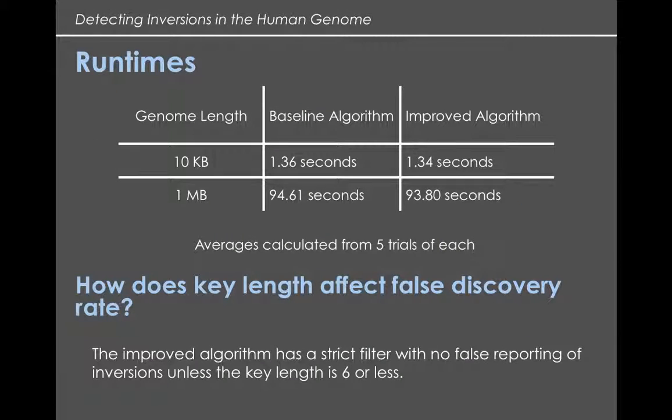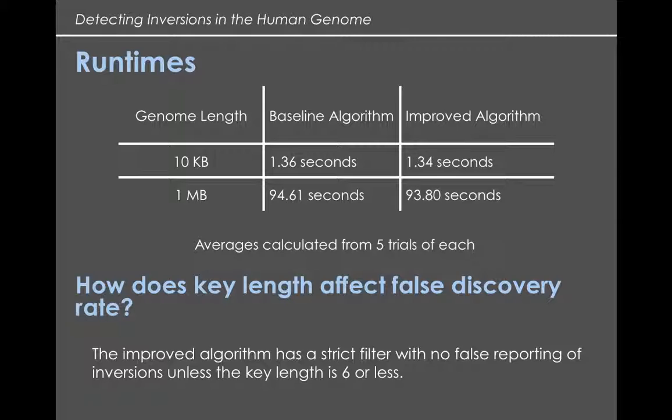On average, there isn't a significant difference in runtime between my baseline algorithm and my improved algorithm. On average, it was about 1.3 seconds for the short genome and just over a minute and a half for the longer 1 million base pair genome.